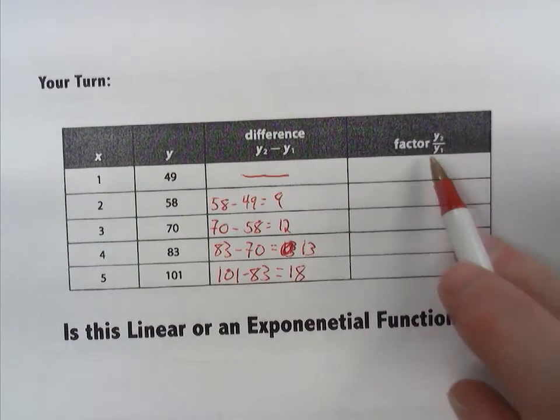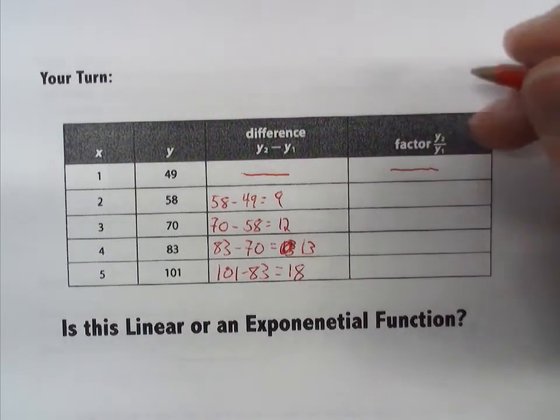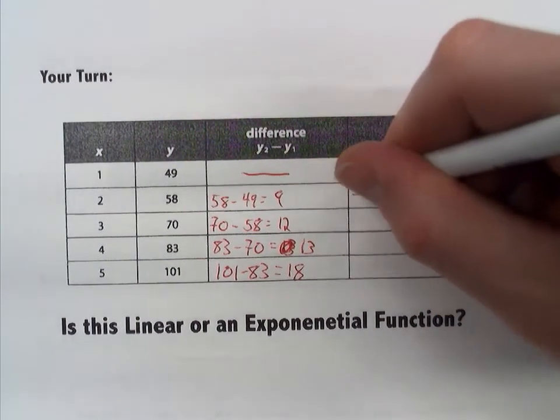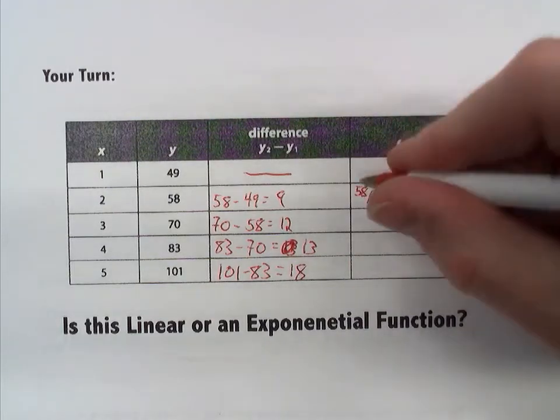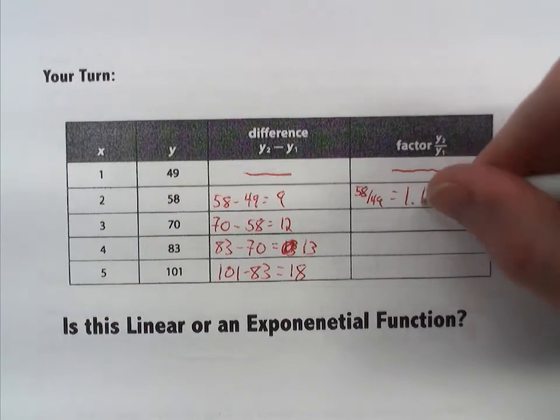And then we have factor, y2 divided by y1. So again, we don't have one for the first one, so we're going to have 58 divided by 49. That's going to equal about 1.18.